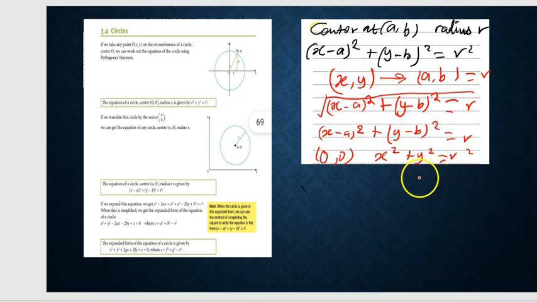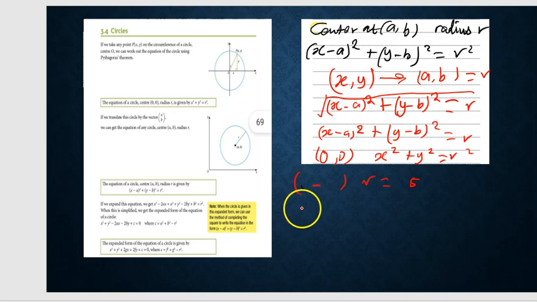So these are special cases. If you are asked to find the equation of a circle, let's take a point, say (3, negative 2), and maybe the radius is equal to 5.